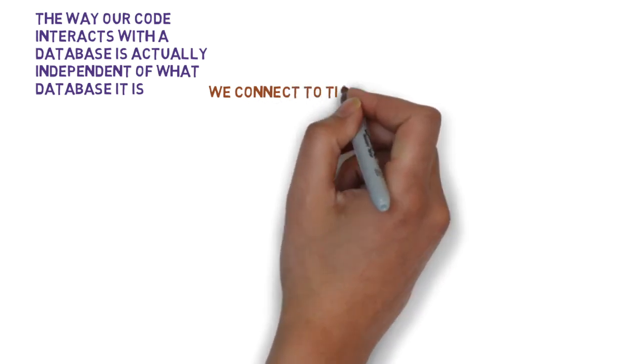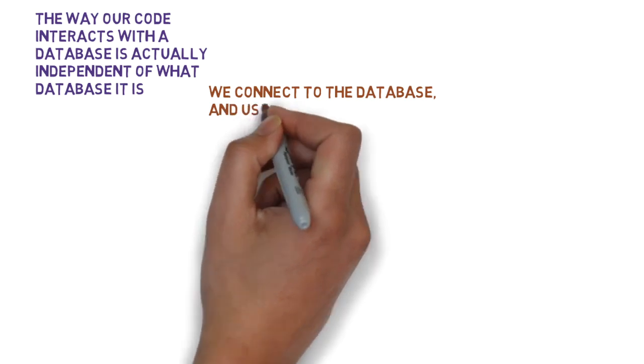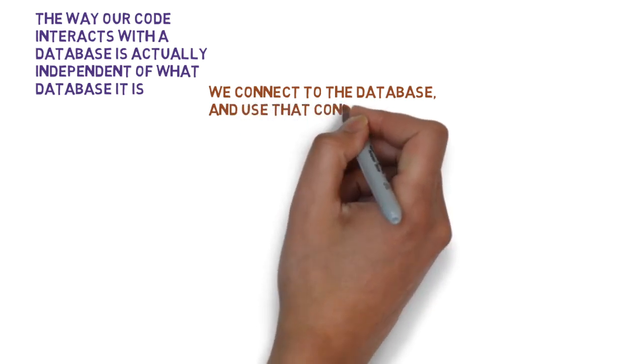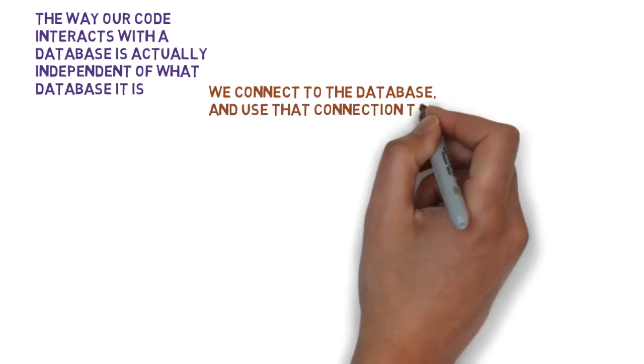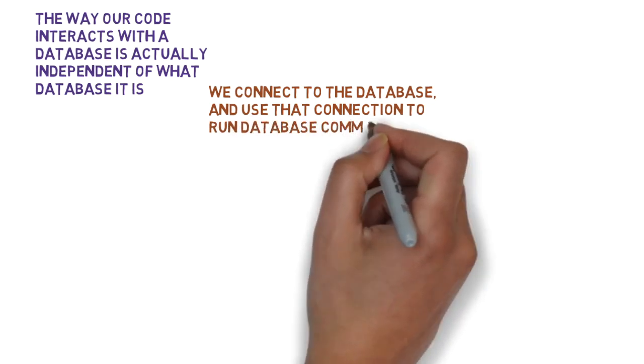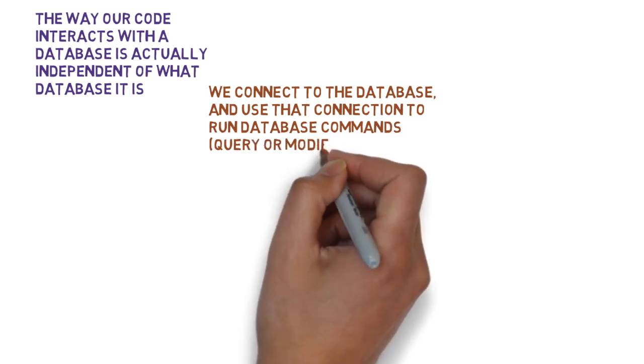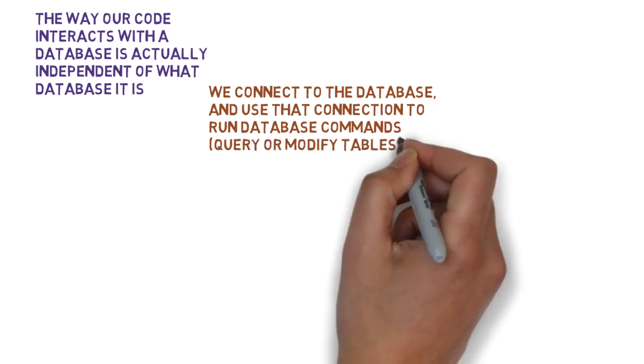Typically, we would connect to the database and use that connection to run database commands. These commands could be to query tables, to modify tables, to add stuff to the database, etc. These queries tend to be pretty similar across databases, if not exactly the same.